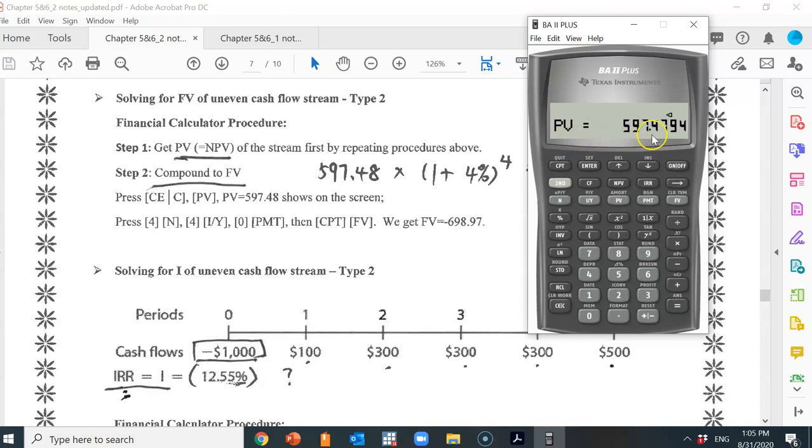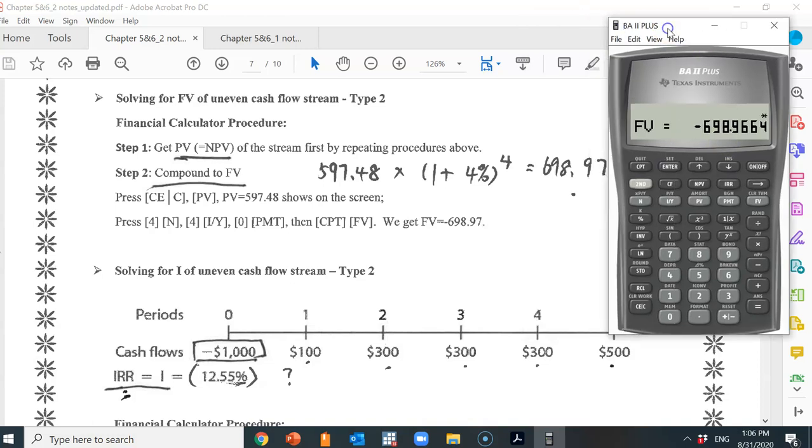Then you can press 4 as N, 4 as I/Y, 0 as payment, and compute for future value. So you know this amount is worth 698 after 4 years. This is equivalent to using our formula, this 597 multiplied by 1 plus 4% to the power 4. So we have the future value here.